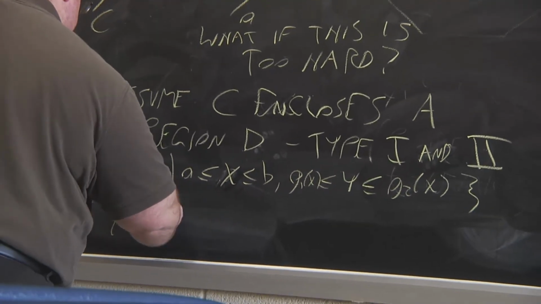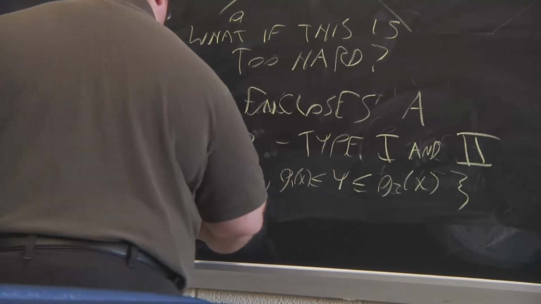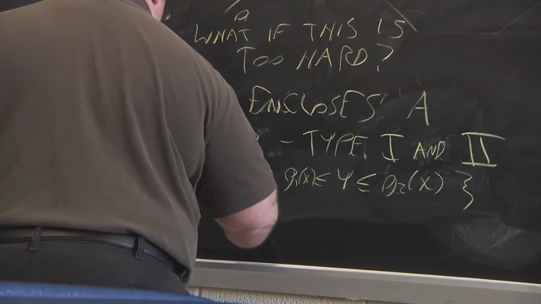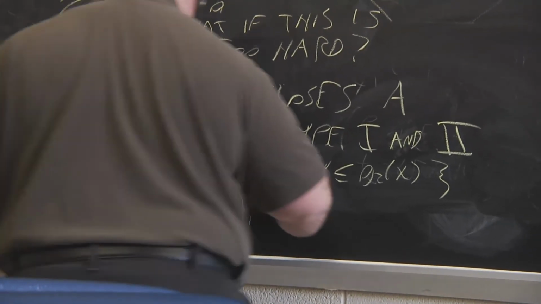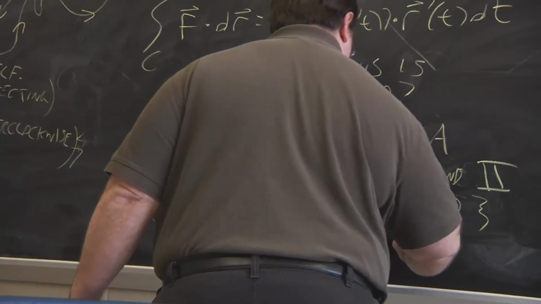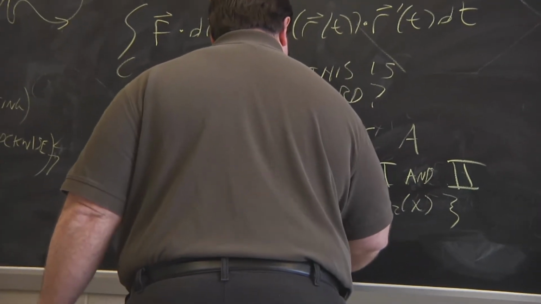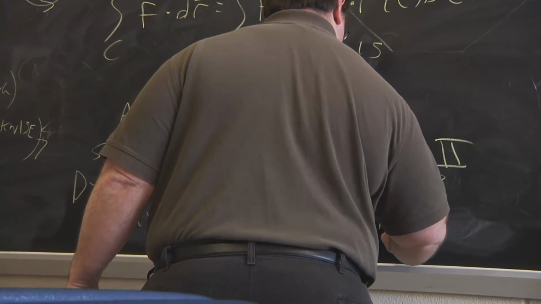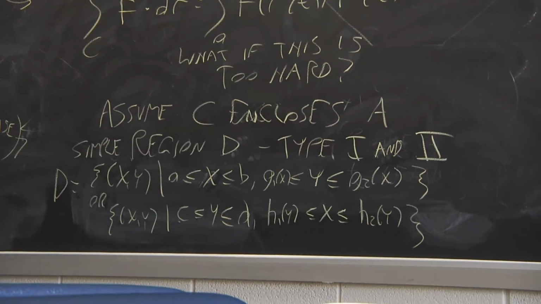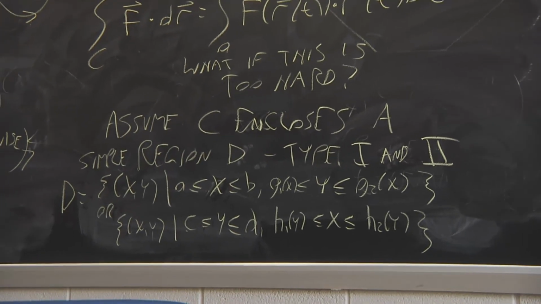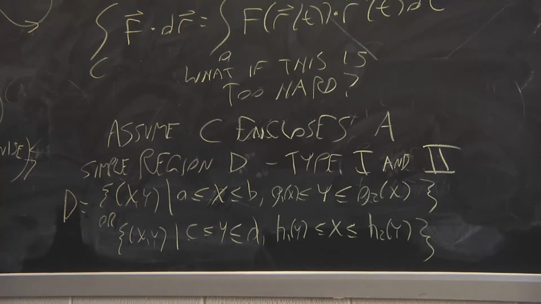Or we can look at this region as type 2, where y is bounded by constants and x is bounded by functions of y.